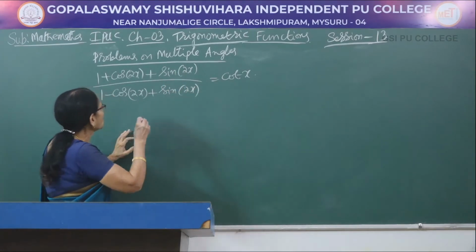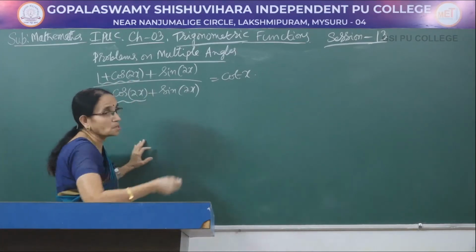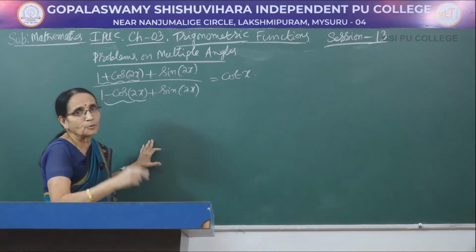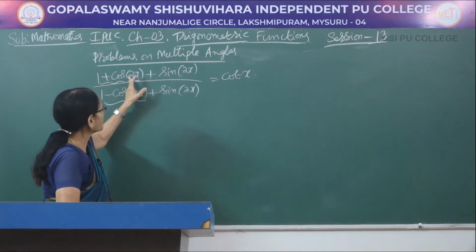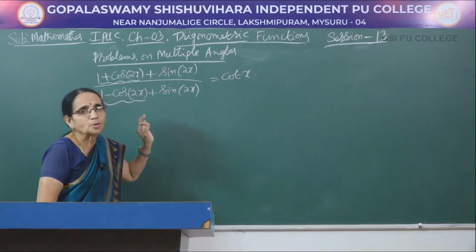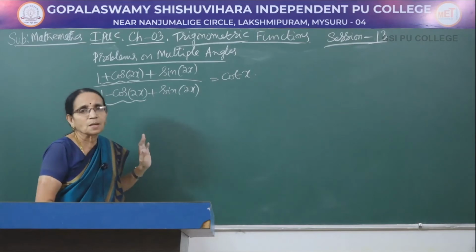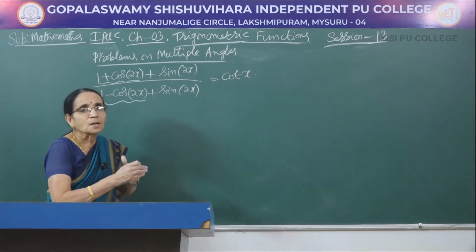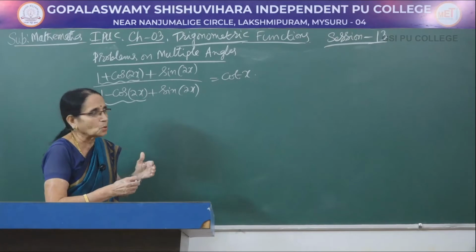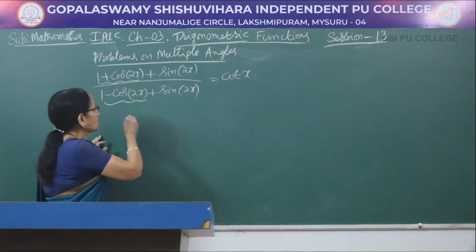Now, on the left hand side, from the set of formulae I gave you, the fourth and fifth formula, if I remember, 1 plus cos of 2x could be directly written as 2 cos square x, and 1 minus cos of 2x could be written as 2 sin square x. That is, rewriting the formula for cos of 2x, we get two more formulae which can be directly utilized.